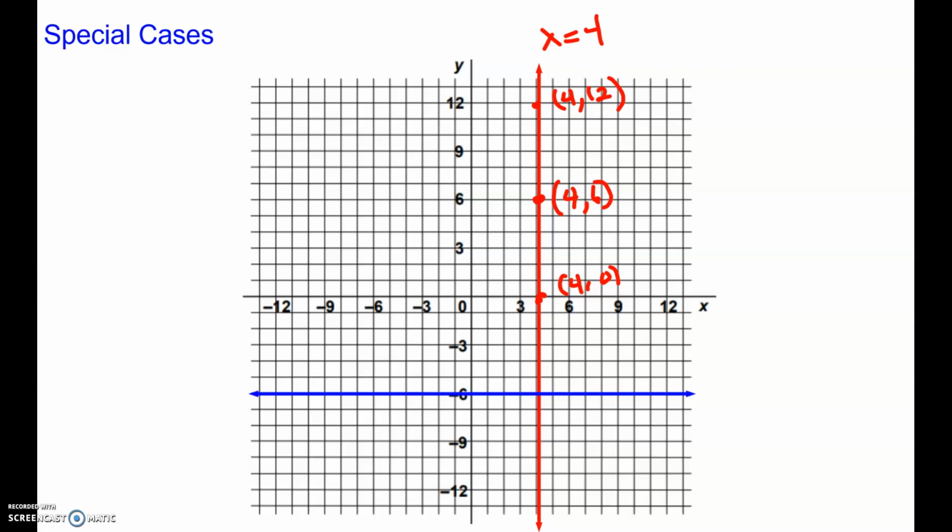Now, looking at the blue line, that horizontal line, I'm going to start where it crosses the y-axis right there. So I haven't gone side to side. I'm on the y-axis at -6, so that would be (0, -6). This point here where it crosses the red line, well, we know the x value is 4 and the y value is -6.